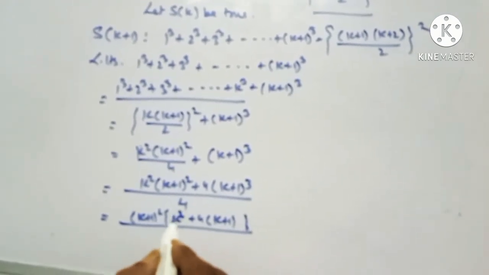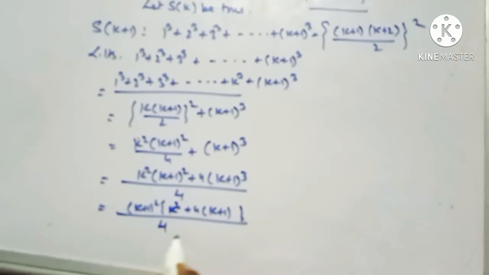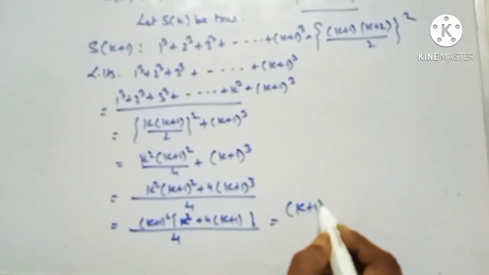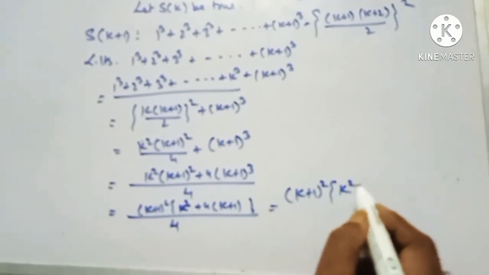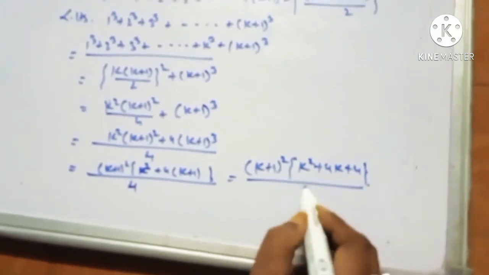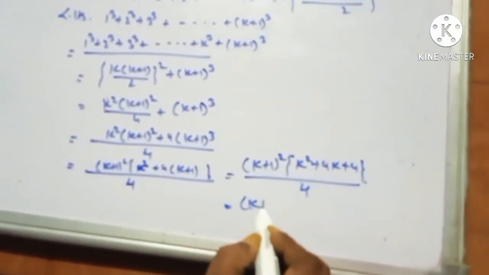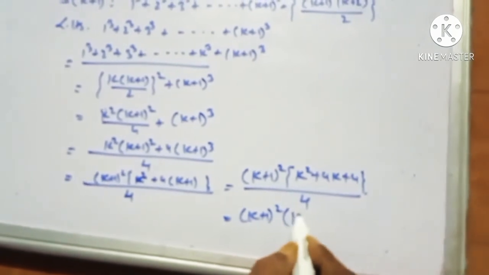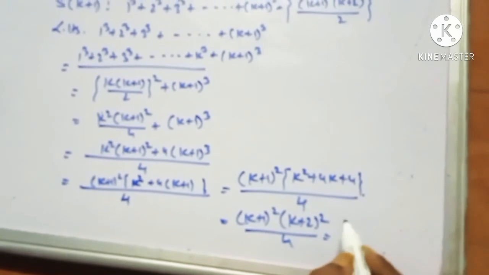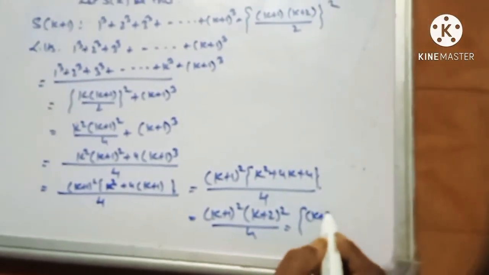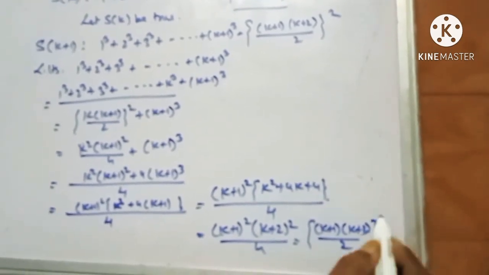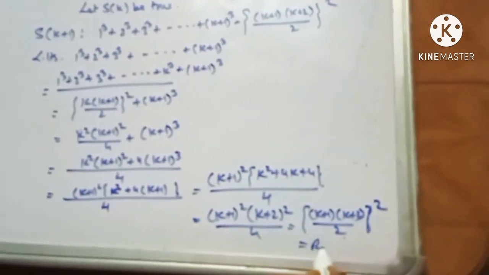This is k square plus 4k plus 4, bracket close, by 4. So this will be (k plus 1) the whole square, (k plus 2) the whole square by 4, and this can be written as (k plus 1)(k plus 2) by 2 the whole square. So this is equal to the right hand side.